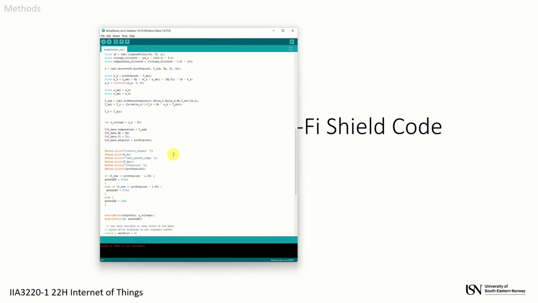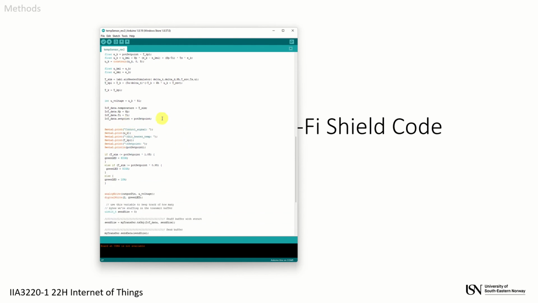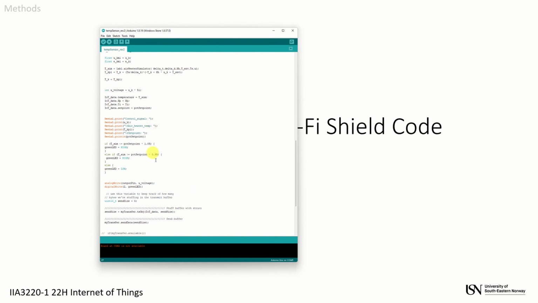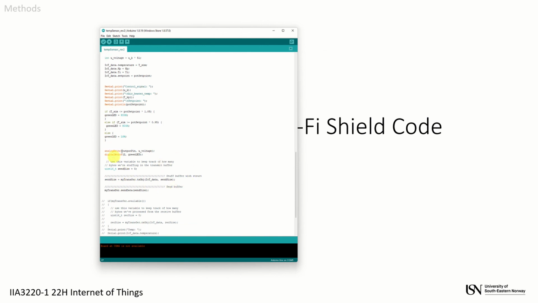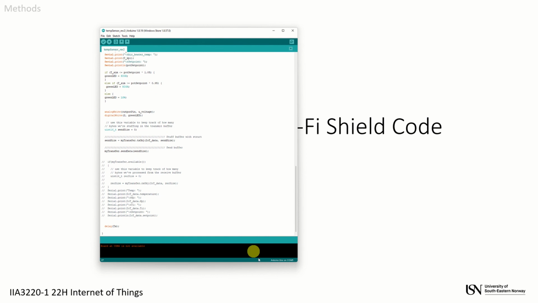Then we are storing these points into our IoT data, which we are later going to send to our Wi-Fi chip. Here is the code for transferring the data to the Wi-Fi chip.